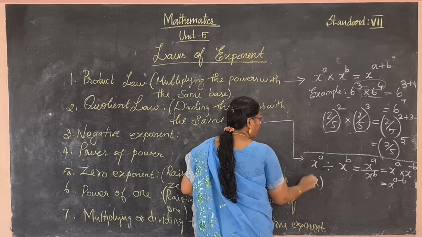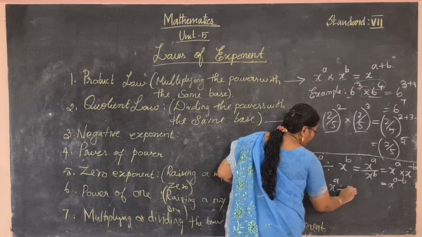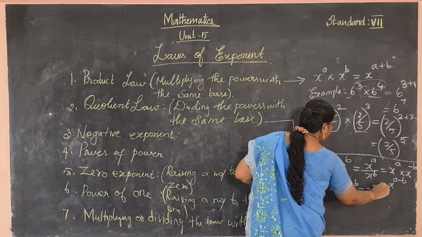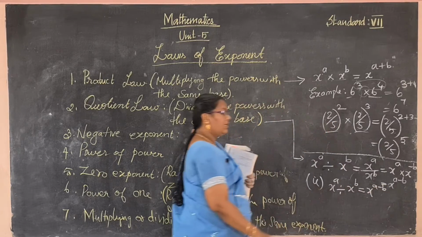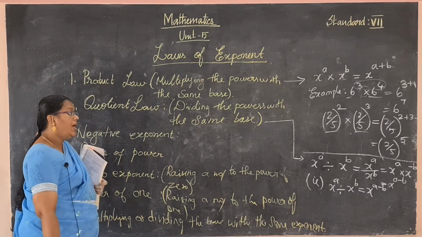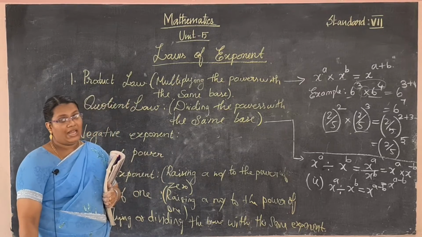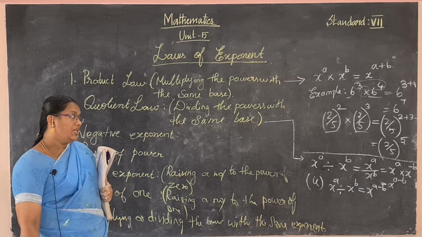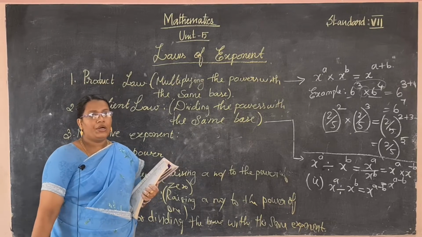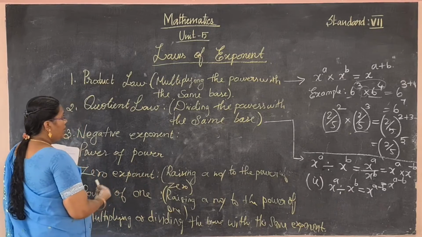So what is the formula for quotient law? x power a divided by x power b is equal to x power a minus b. Do you understand the formula? In case the b value is greater, it gives a negative exponent. You will do it in a problem, and I will explain that concept. Okay, see the example.